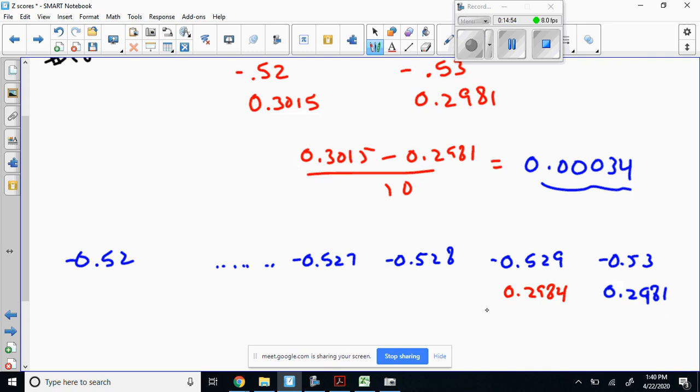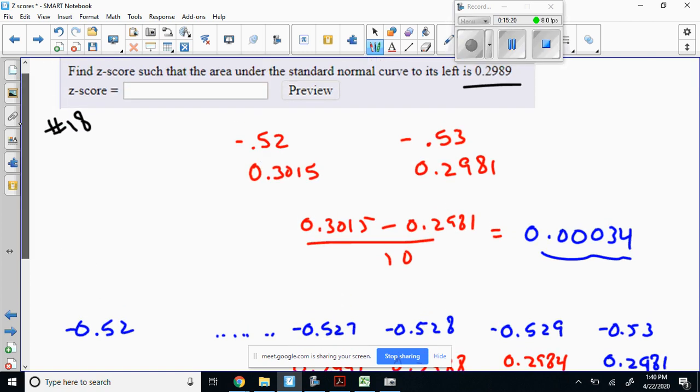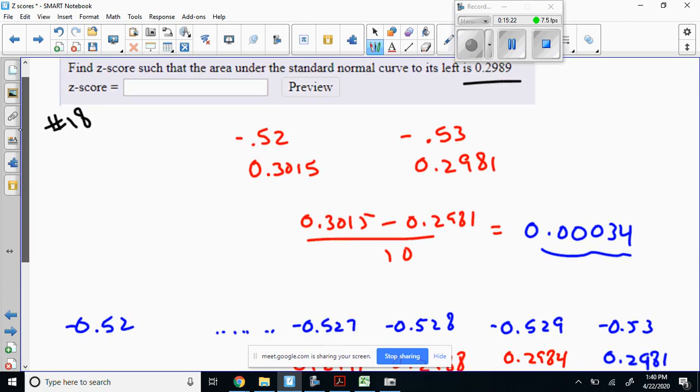So if I add another 0.00034, I get 0.2988. I'm going to add it again, and I get 0.2991. Now, which one is closest to 0.2989?